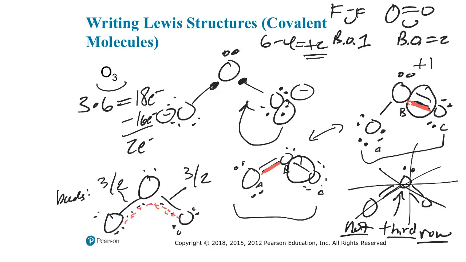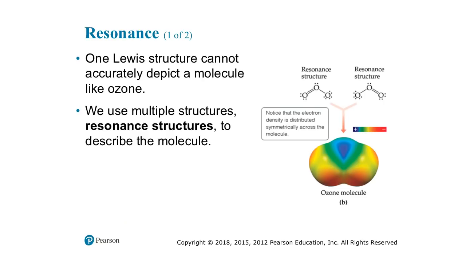So this is a somewhat complicating factor, but also a simplifying factor, because what it says is that each of these O–O bonds should be exactly the same. They should have the same bond lengths and the same properties. So in resonance, one Lewis structure cannot accurately depict a molecule like the ozone molecule.